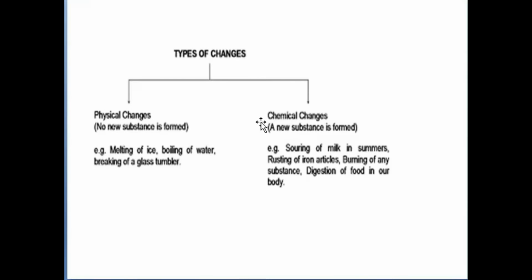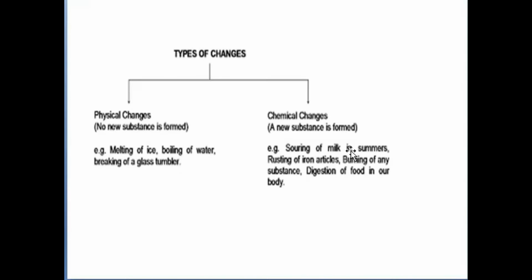The second type of change that we have is chemical changes. A chemical change is a change in which new substances are formed. In a chemical change, some changes take place, like formation of a new substance, and a color change may take place.